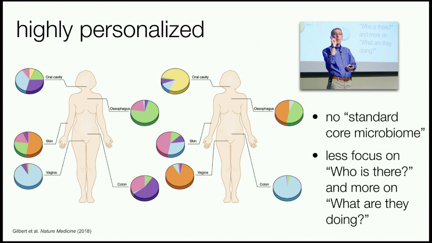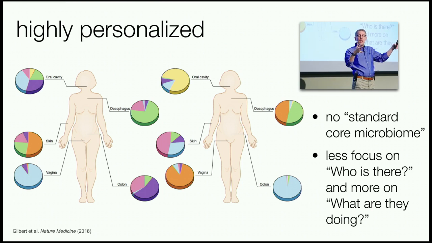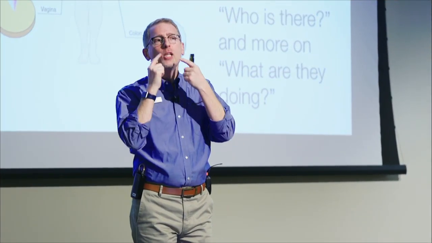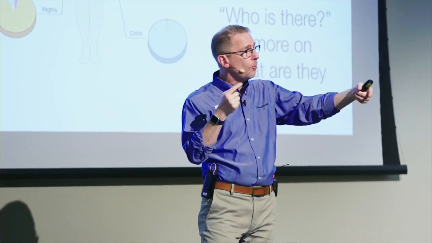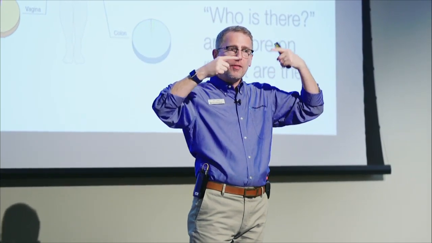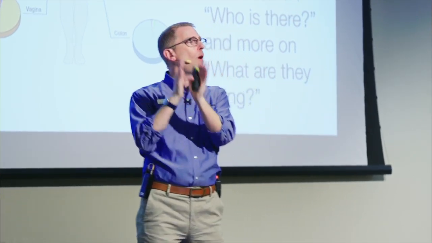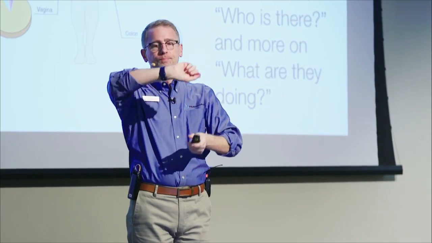And as long as you have one of those strains in your body, you're able to do the thing that needs to happen. So we think less in terms of, do I have this set? And more, what's the functional impact of those? That's a very, very different way for us to think about this. And as we start thinking about how can I alter my microbiome, how can I change my microbiome, we have to think about the function that we need to bring in, not just I want this specific strain.